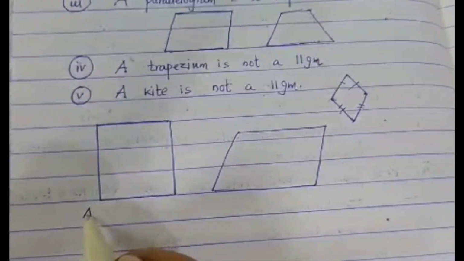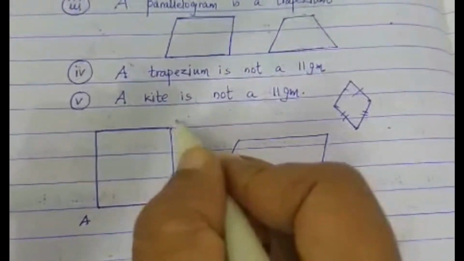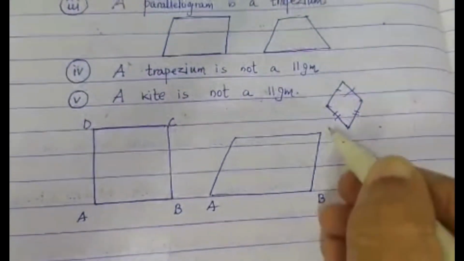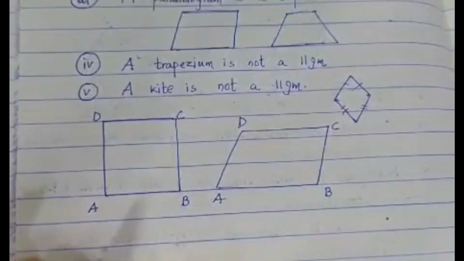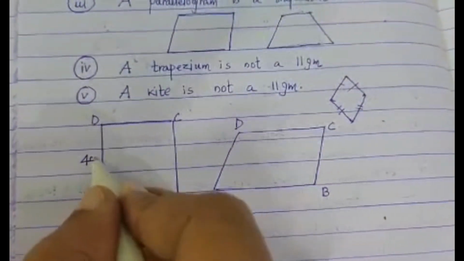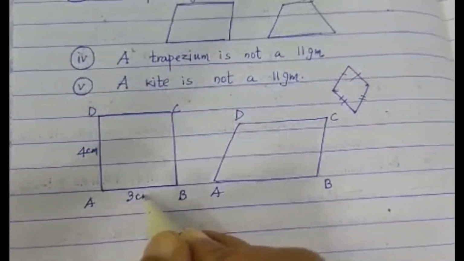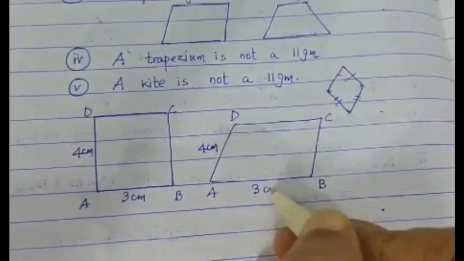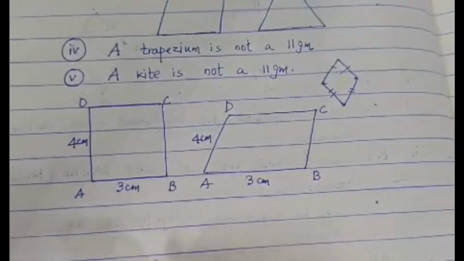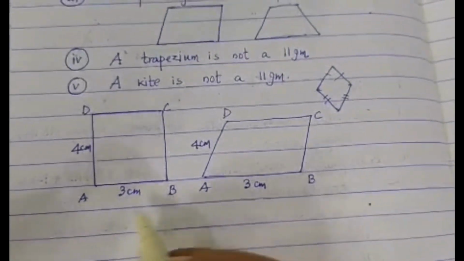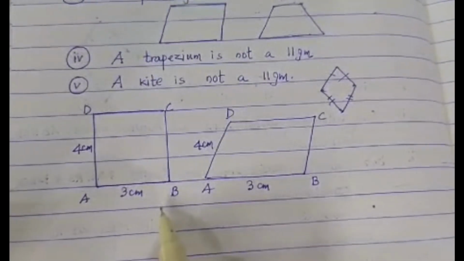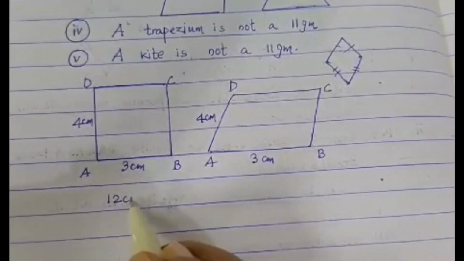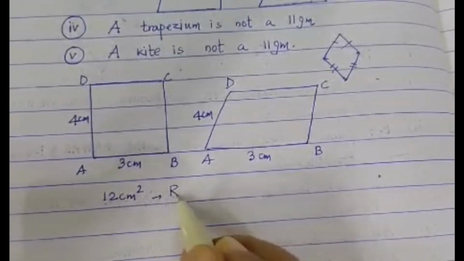Let us suppose this is A, B, C, D. Here it is A, B, C and D. The sides are 4 centimeter, 3 centimeter. Here also 4 centimeter and 3 centimeter. So the area of the rectangle comes out 12 centimeter square.